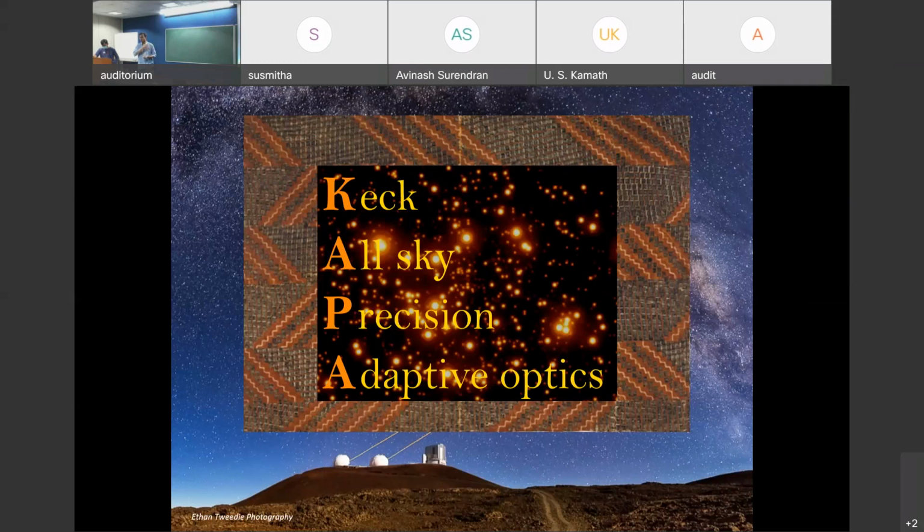For example, the alternative to the laser guide star used in small telescopes is called the Rayleigh guide star. It shoots a UV laser into the sky, and you just use the Rayleigh scattering, the back scattering from the particles till about 10 kilometers or so, to observe the guide star.